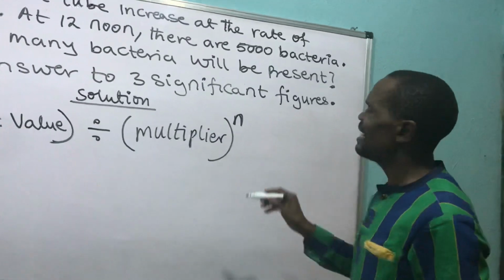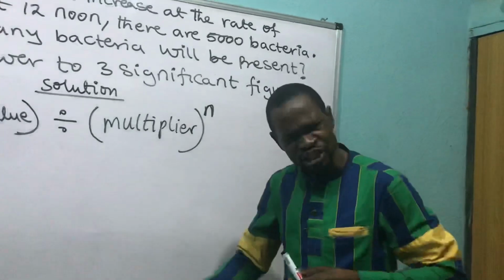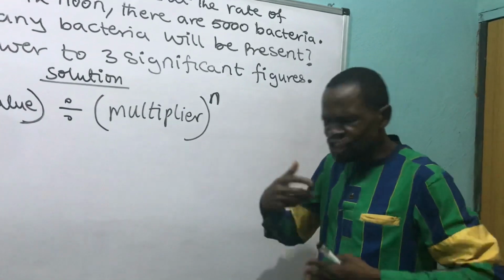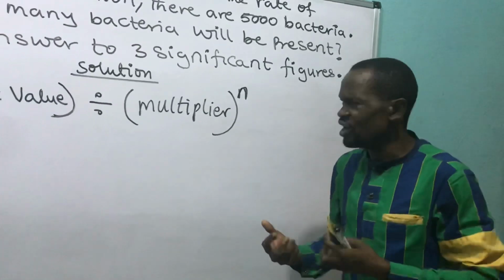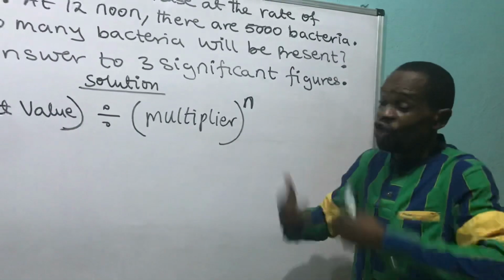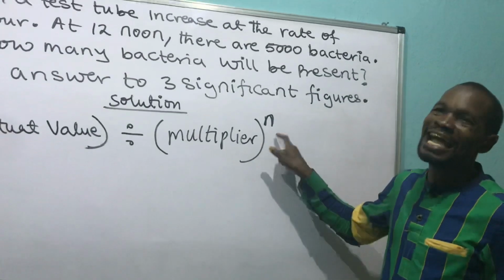What's the n? N is the time, the duration of depreciation, or the duration of appreciation or increase. The duration of the increase or duration of decrease. That's what n stands for.